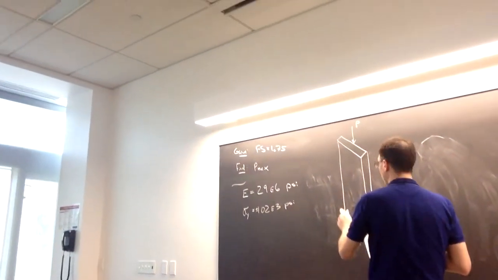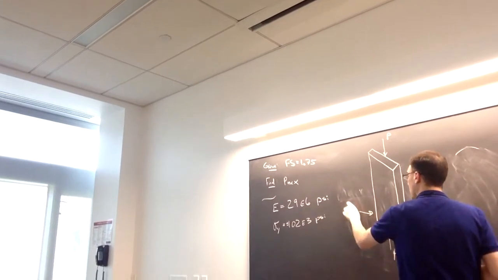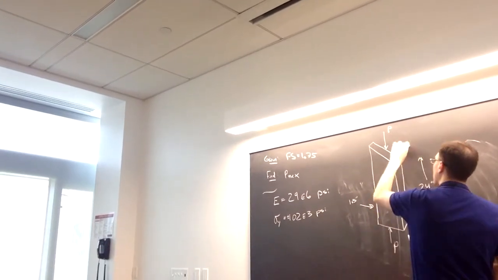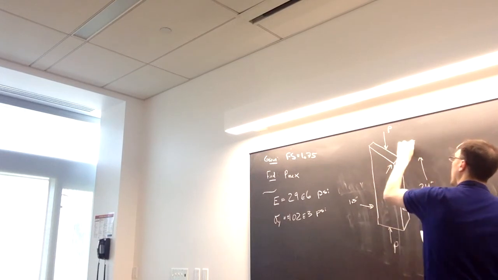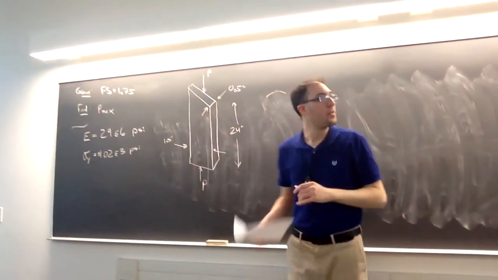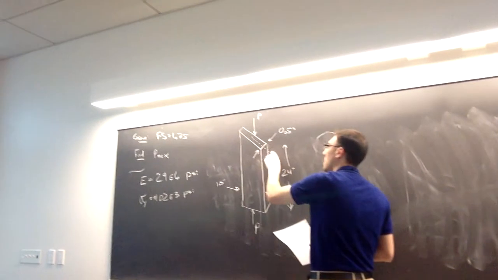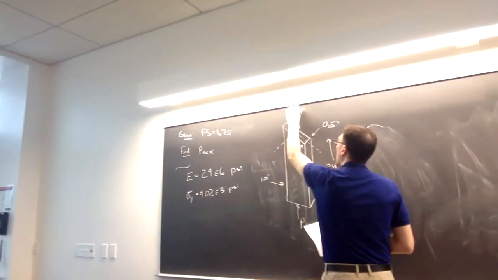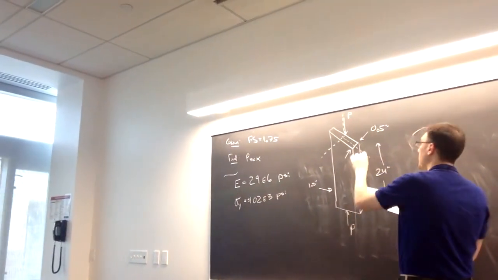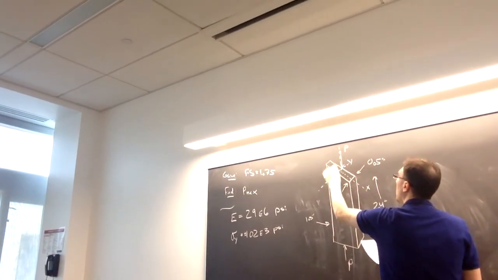We're going to be 1.5 inches in this direction, and 0.5 inches along that dimension. They don't give us a coordinate system, so I'll establish one here. I'm going to call this the x direction, the y direction, and the z.